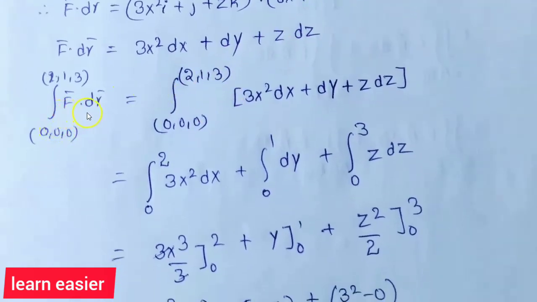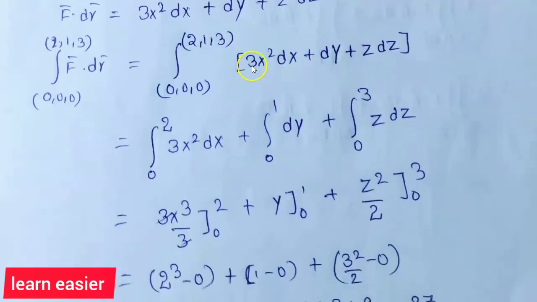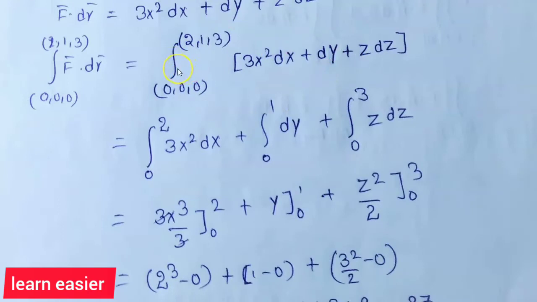So the integral of F bar dot dr bar, where the line is from (0, 0, 0) to (2, 1, 3). F bar dot dr bar is 3x square dx plus dy plus z dz. Let's separate the integration into these terms.